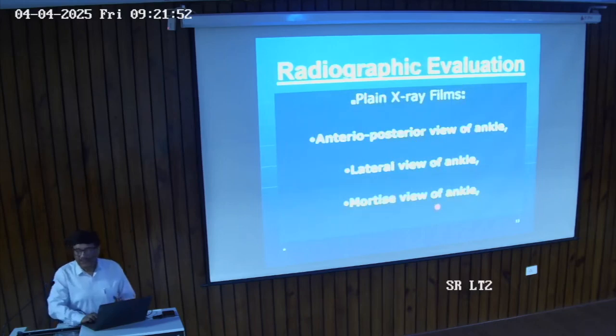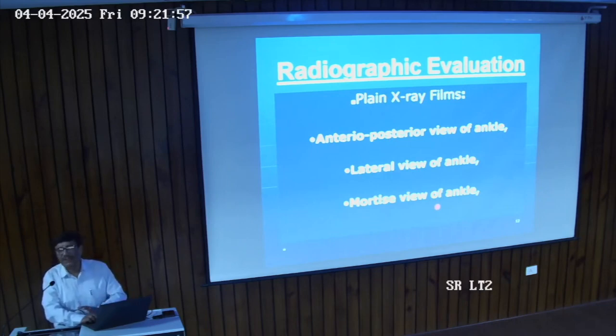So next, having done a clinical assessment, we come to the radiological examination, and this is the most important part, which I would be explaining to you, and you should try to understand. I hope the anatomy is clear. We know the medial deltoid ligament, the lateral ligament, and the syndesmotic ligaments: the anterior inferior tibiofibular ligament, the posterior inferior tibiofibular ligament, and the transverse tibiofibular ligament, or the interosseous ligaments.